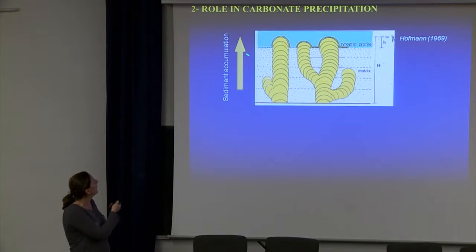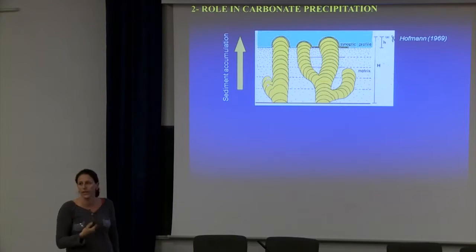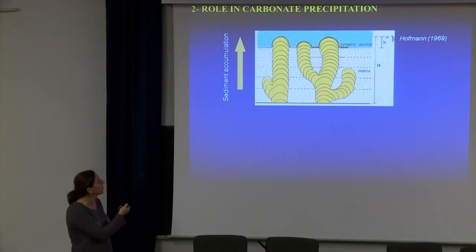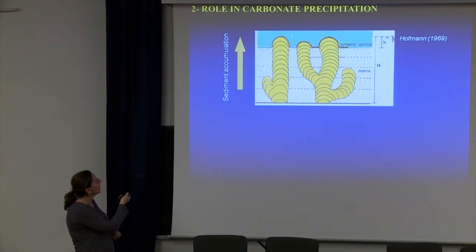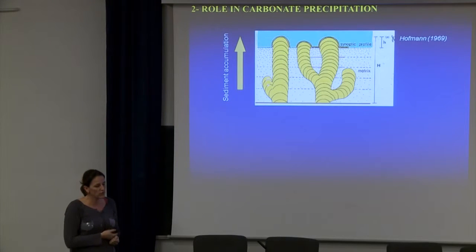They get buried, there is sediment accumulation, and the Schizotrix filaments are growing upward to keep getting some light and nutrients. So the soft part, or the live filaments, of the Schizotrix are located at the surface here.